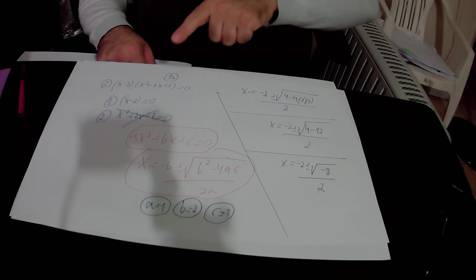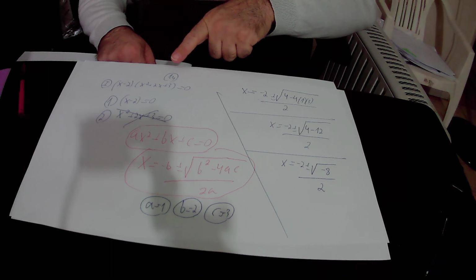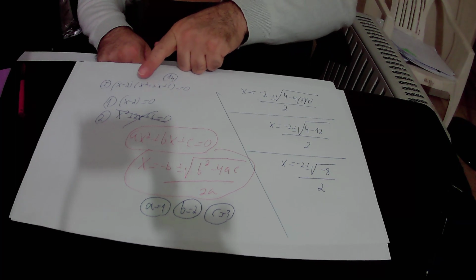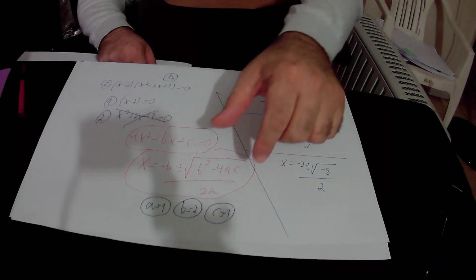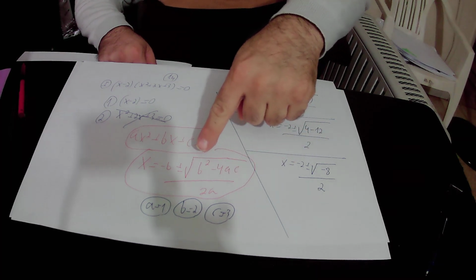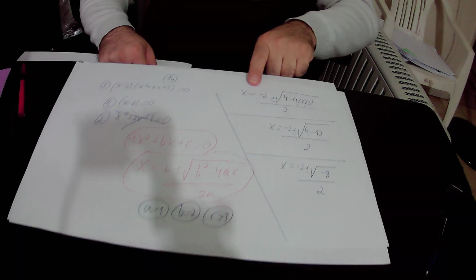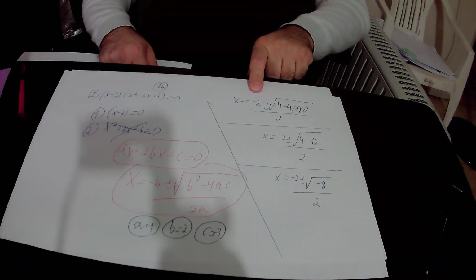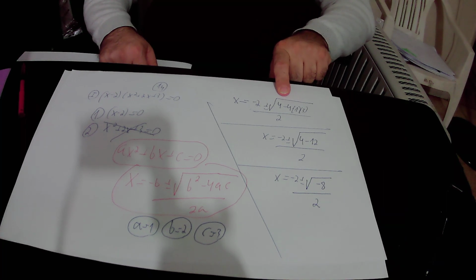And in our specific quadratic equation, the values of the coefficients are a equals 1, b equals 2, and c equals 3. So we put the data inside this formula in order to find the value of x. So we got that x equals minus b, so minus 2, plus minus the square root of b squared.